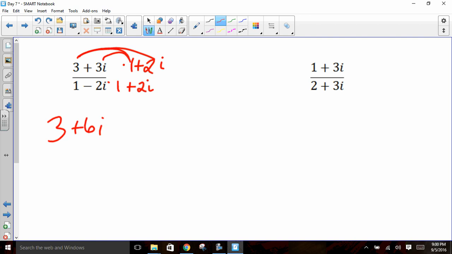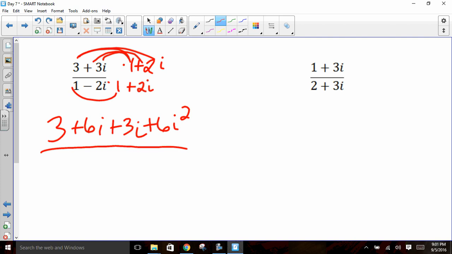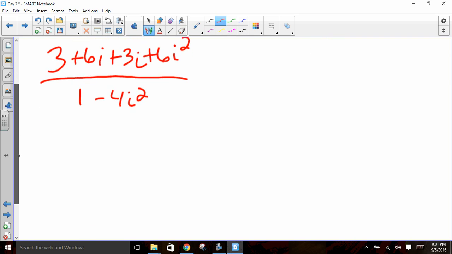Then I get 3i times 1, which gives me 3i. And then I get 3i times 2i, which gives me 6i squared. 1 times 1 is 1. Negative 2i times 2i is negative 4i squared. So then I get 3 plus 9i plus 6 times negative 1.